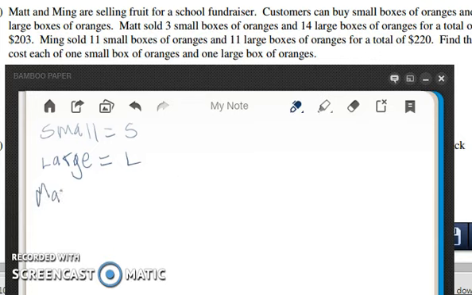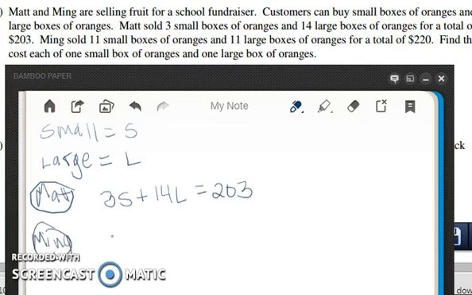We have the Matt equation, where Matt sold 3 small boxes plus 14 large boxes for a total of $203. And the Ming equation is 11 small boxes plus 11 large boxes for a total of $220. There you go, perfectly set up. That could be solved as well.